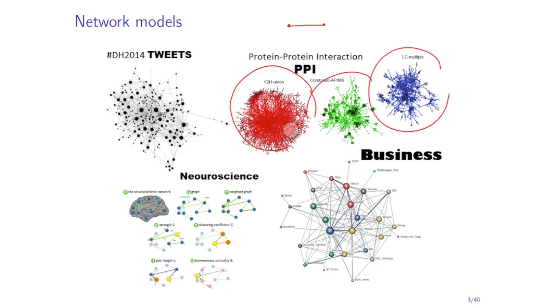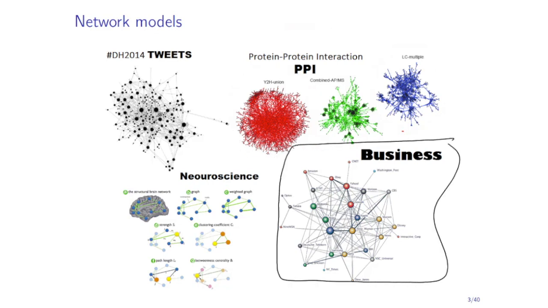Another example is in the field of business. Here, you see a graph in which every vertex represents a company, and the edges show the connection between these companies. As you can see in here, some edges are thicker than the others, which probably means that the business they have with each other is stronger, or maybe there is more cash flow.